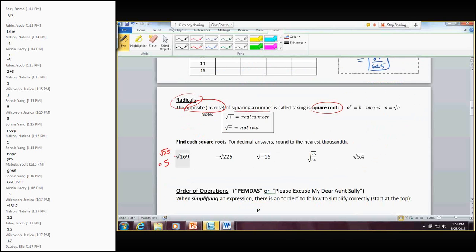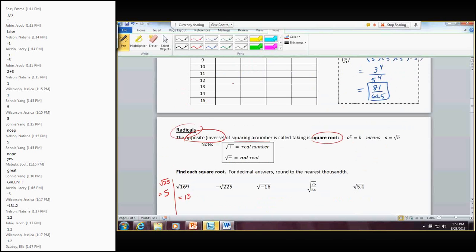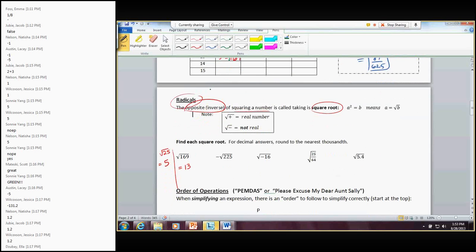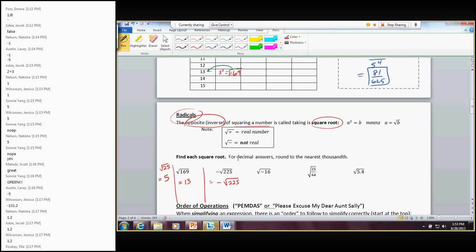Does anybody know the square root of 169? Good. If you were to square 13, you get 169. When you take the square root of 169, you get 13. Okay, now let's look at the opposite of the square root of 225. What is the square root of 225?